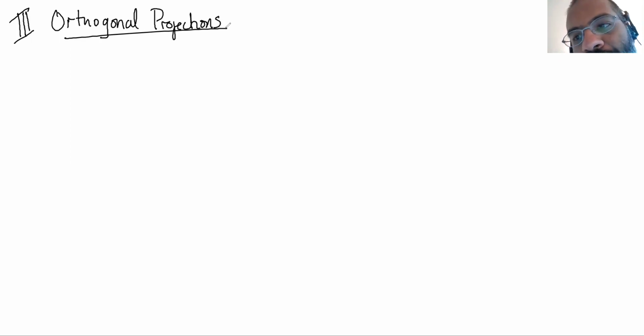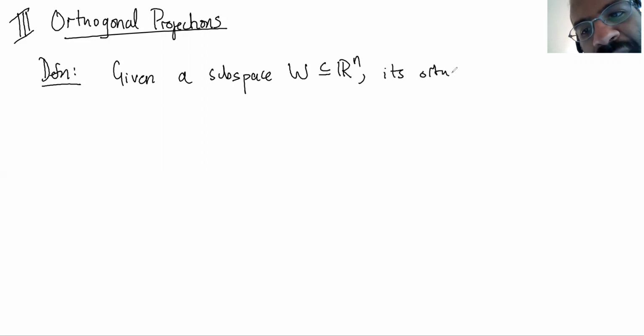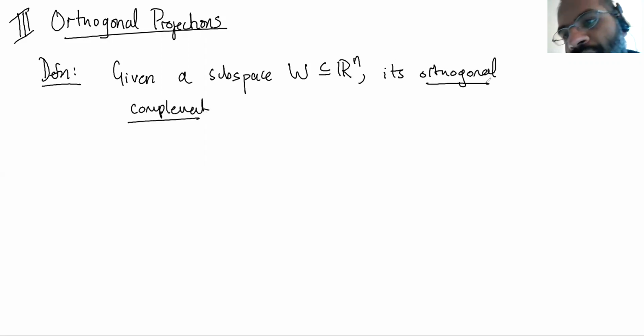And to talk about this, I'm going to need to raise one more definition, which is the orthogonal complement of a subspace. Definition: given a subspace W of Rn, its orthogonal complement is another subspace. We'll see in a moment why it's a subspace. Right now, I'll just define it as a set.